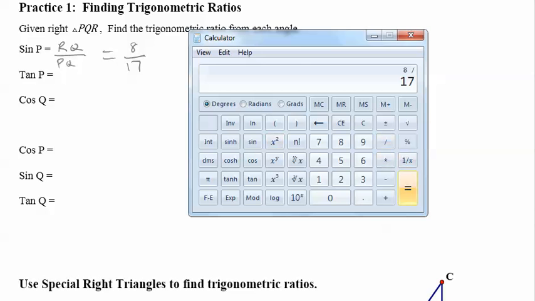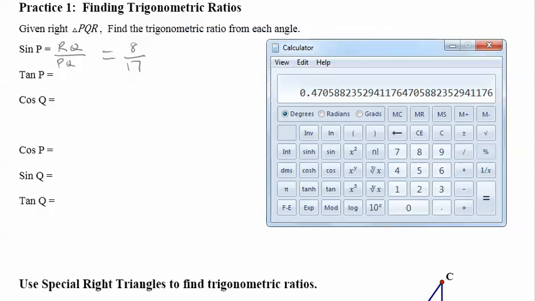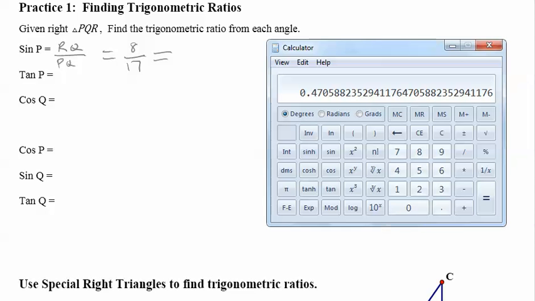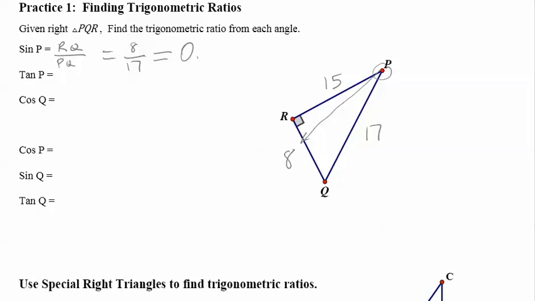Therefore the sine of P is going to be equal to 0.47. We can change that to a decimal, and it's okay to have a decimal in this case.